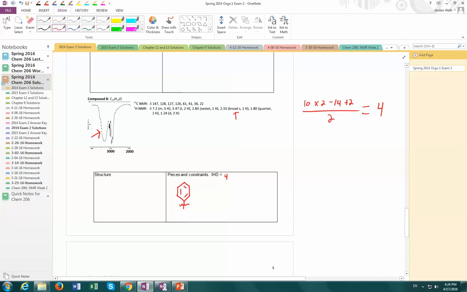Yeah, so that's almost certainly going to be an OH. So it doesn't matter what number it is on the bottom, like 2.33 versus like 5. Yeah, the chemical shift of an OH or an NH is really fickle. It's not very diagnostic. I've seen them as low as 1. I've seen them as high as 10.